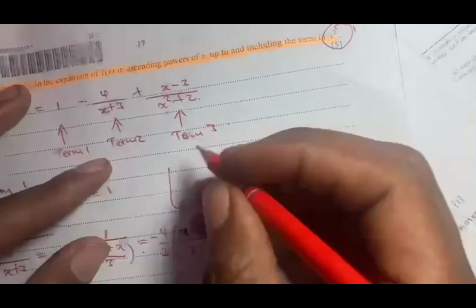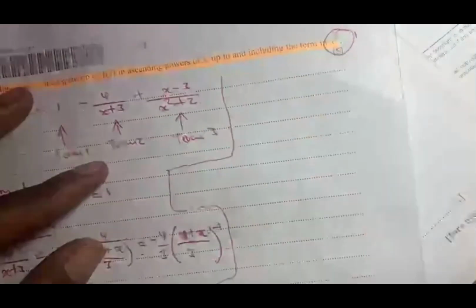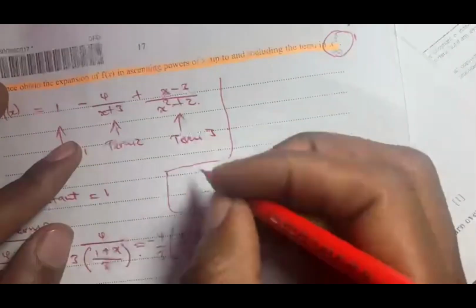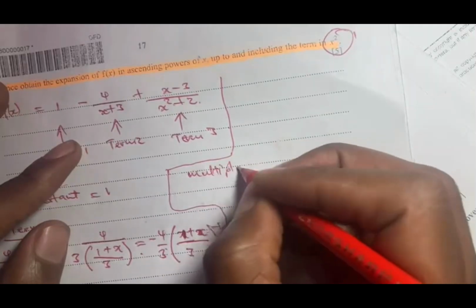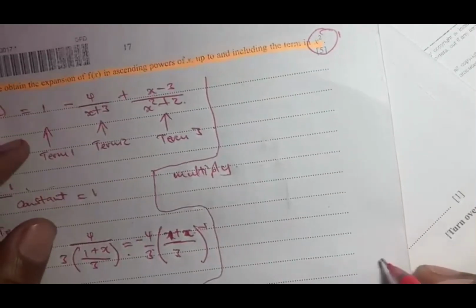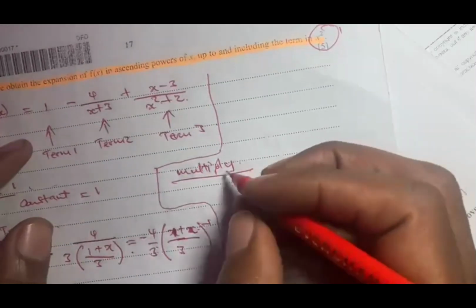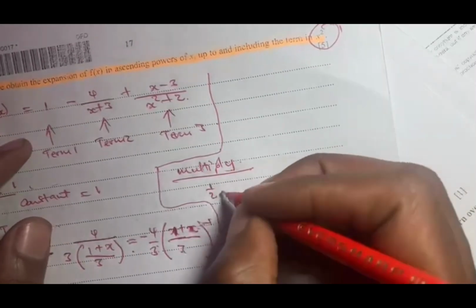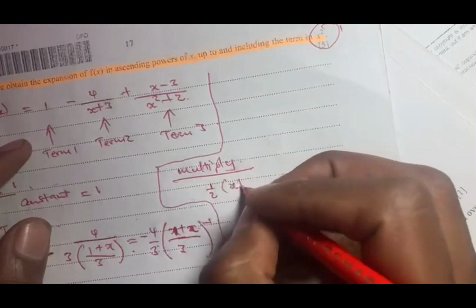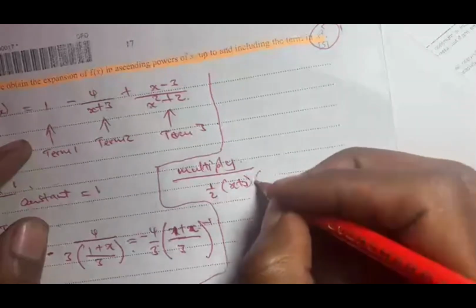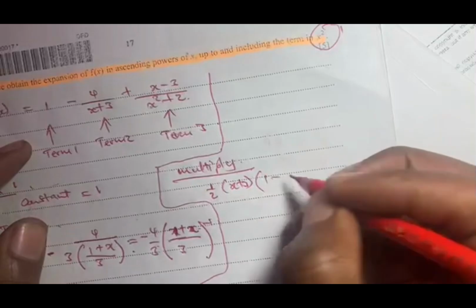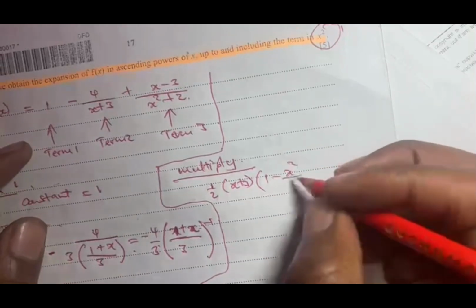So I'll multiply. Half of x minus 3 times the expansion 1 minus x squared over 2.